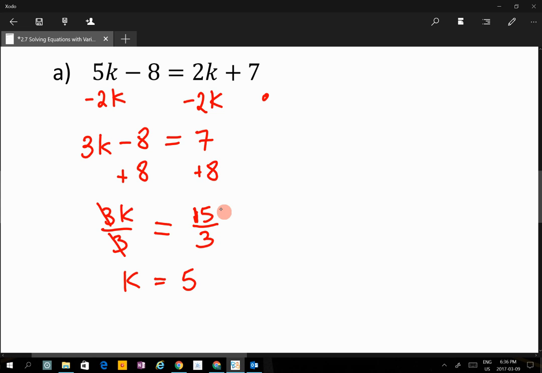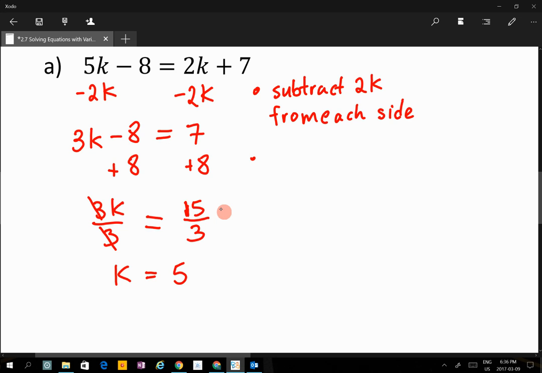Okay, so just to recap here in your notes to make sure you understand what's happening in each step, I'm going to write here that we are subtracting 2k from each side. Here in this step, we are adding 8 to both sides.